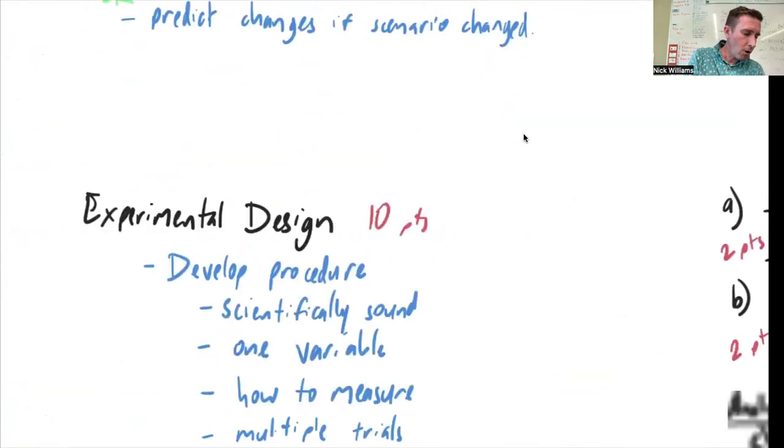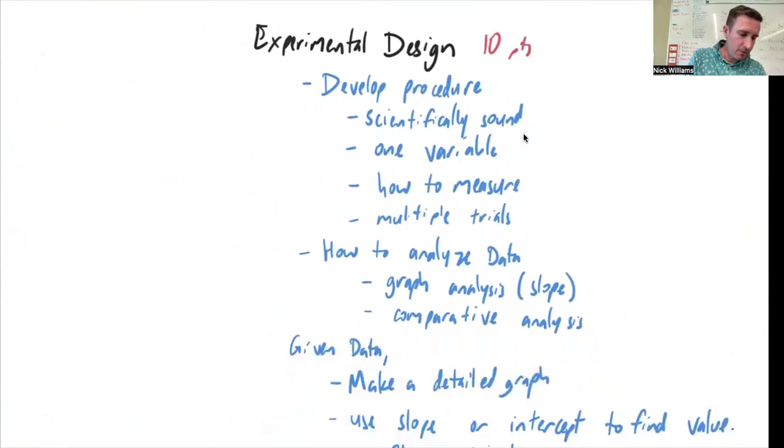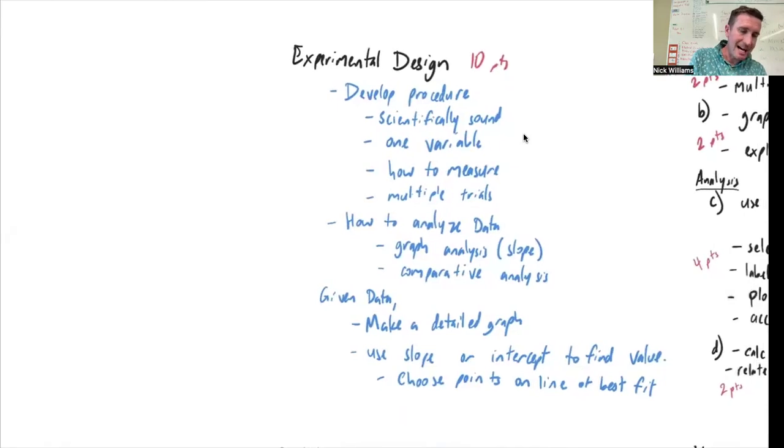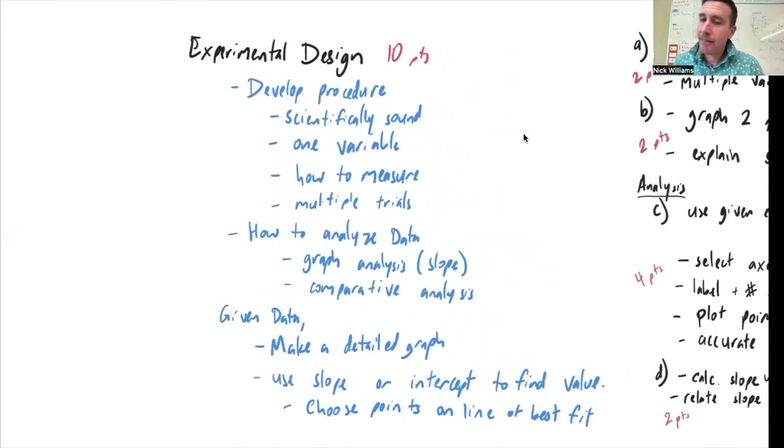Okay, we have two more types of questions. The first type of question is experimental design. So this one, you will be asked to design an experiment, and then you'll be given a similar experiment where data has been taken, and you'll be asked to analyze the data from that experiment.